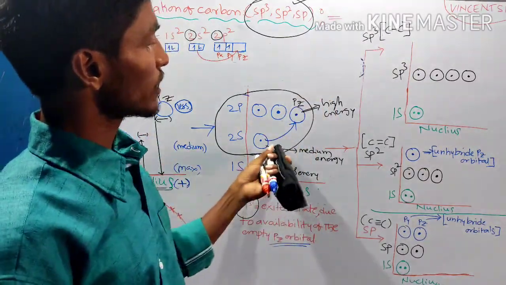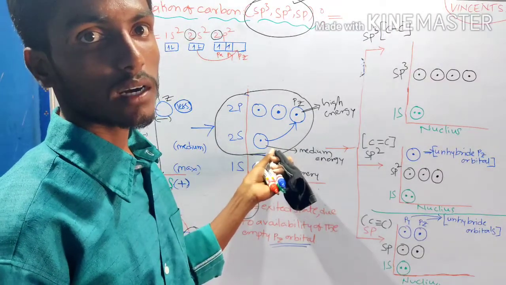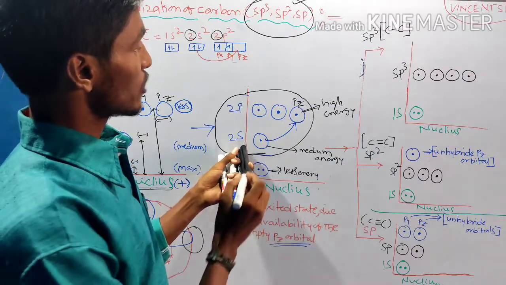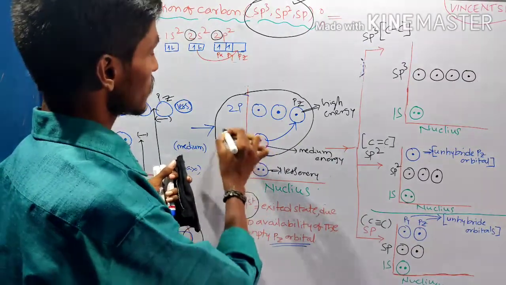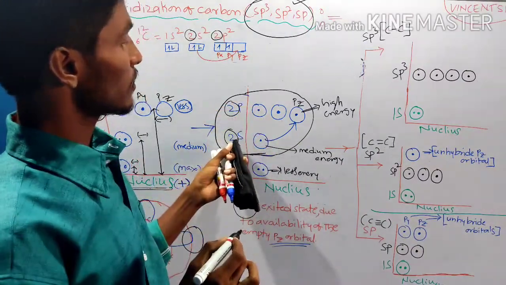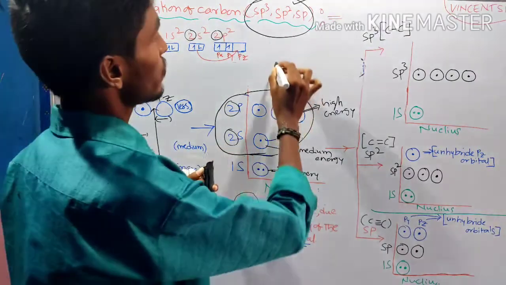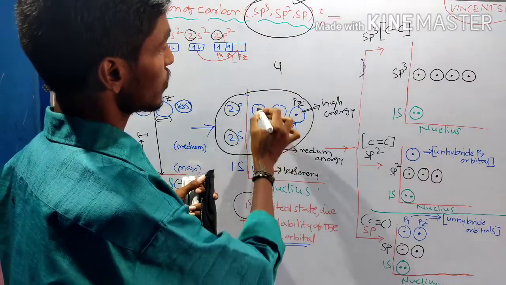Now, what is the need for the carbon atom to undergo hybridization? The total valence electrons, the electrons present in the outermost shell, are 4, that is 1, 2, 3, 4.